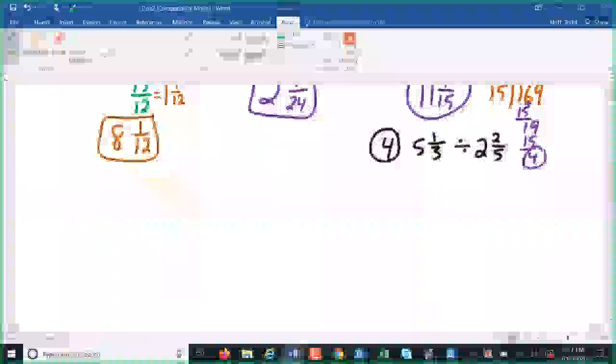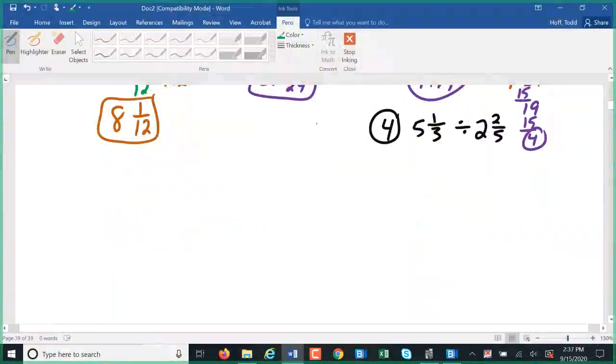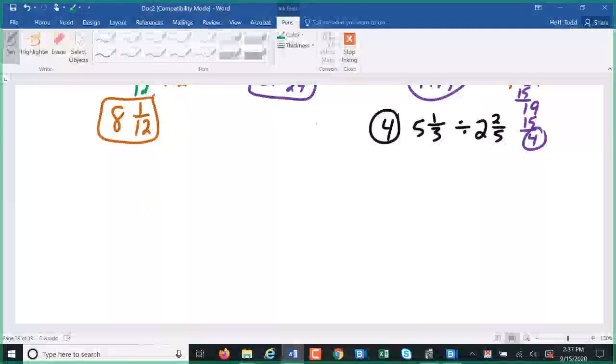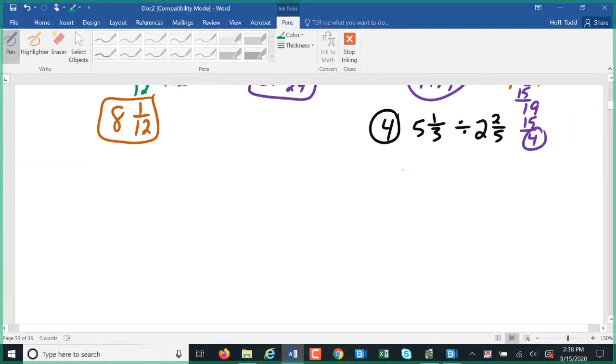Number 4, for division, since we're going to turn it into multiplying by the reciprocal, it makes sense that we start out the same as we did with multiplication. We're going to make them improper fractions. So 5 1/3 is going to become what? 16/3, good.